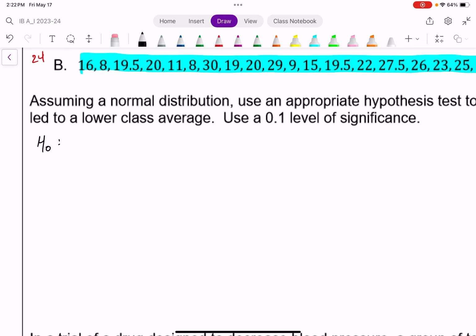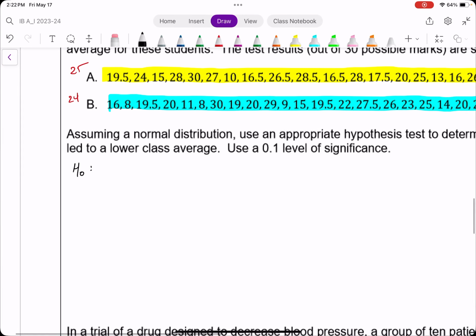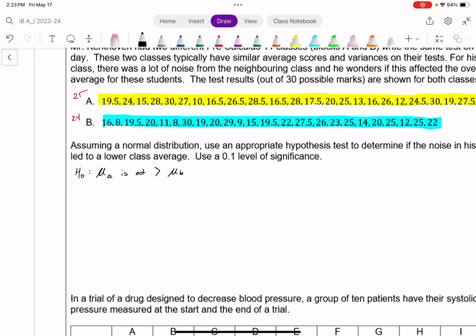In this case, I'm going to call this first group, I'll use mu for mean, I'll say mu A is not greater than mu B, because again, that's what I'm trying to look at. Now, just because the average is bigger doesn't mean we've proven anything. We're trying to see what's the probability of the average being bigger, which we'll get to. So that's my null hypothesis. My block A is not greater than block B.